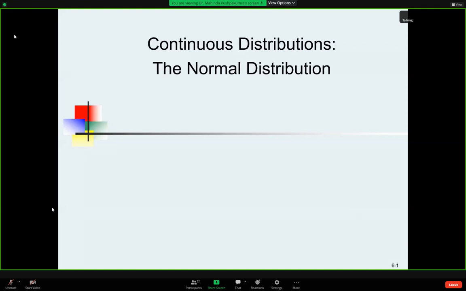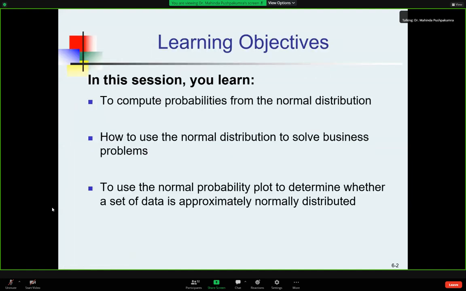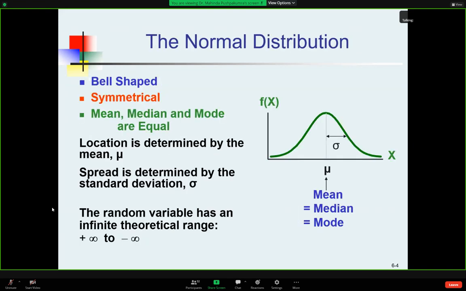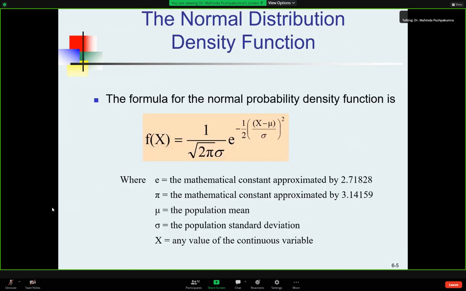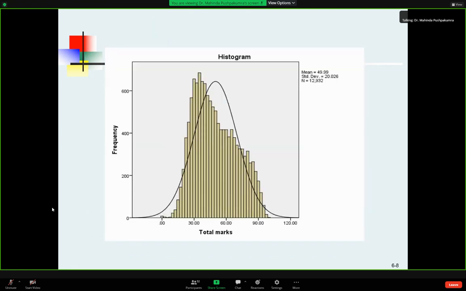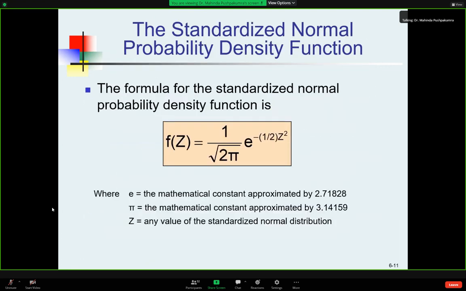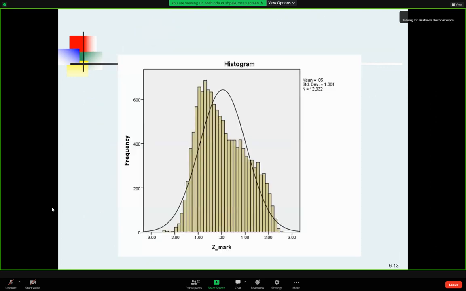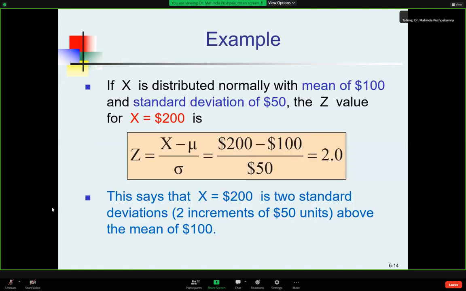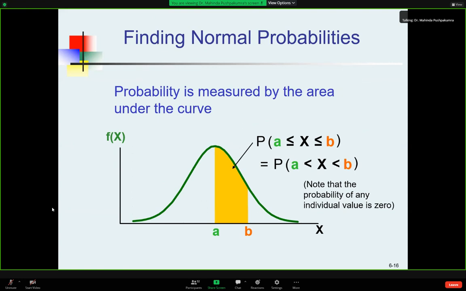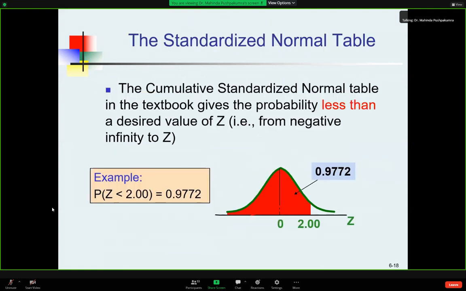Okay, then in the last session we had a discussion about continuous distribution. Under that we learned normal distribution, where we learned how to calculate probability related to a continuous random variable. I think we discussed these things.